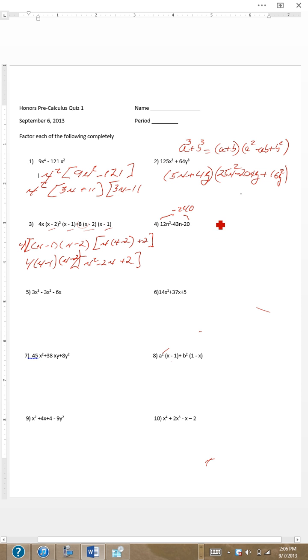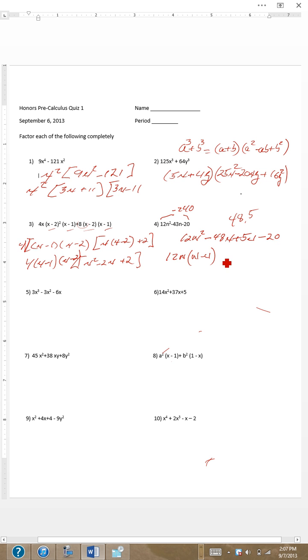Alright, this guy, quadratic trinomial, multiply the ends, negative 240. Play around with the factors of negative 240. So you get that negative 43. The combination that works there is 48 and 5. So we're going to rename that middle term. Bring down the first term. The negative 43n is now minus 48n plus 5n minus 20. Now we split it down the middle. The first two, common factor 12n. Common to n minus 4.